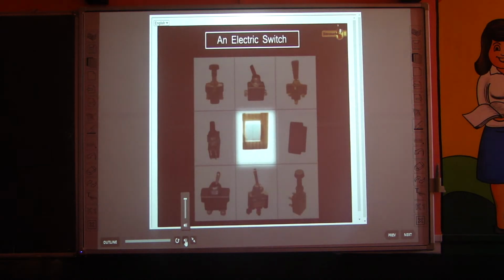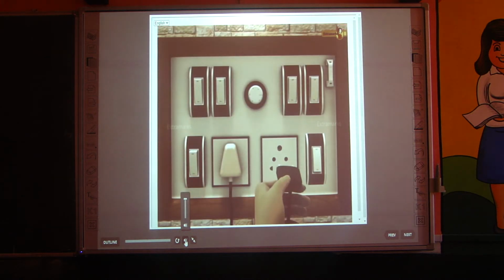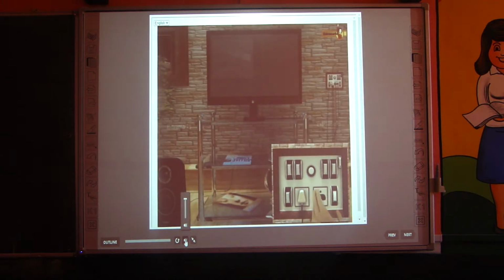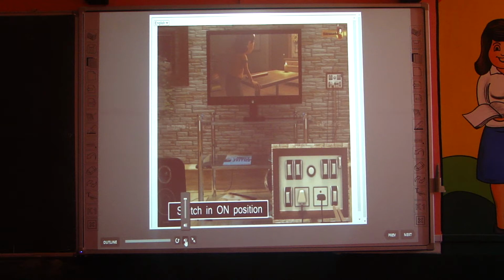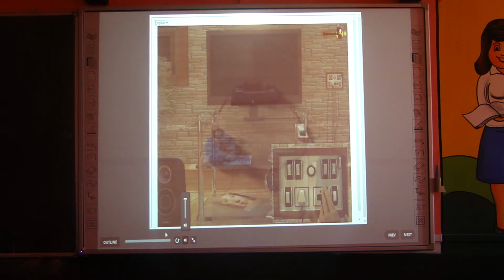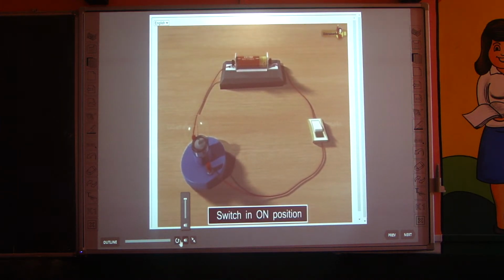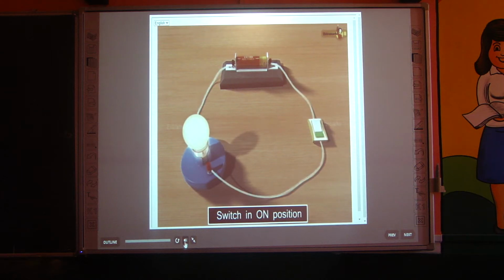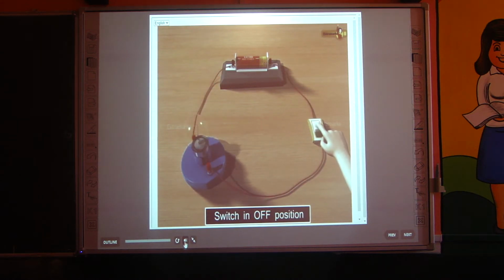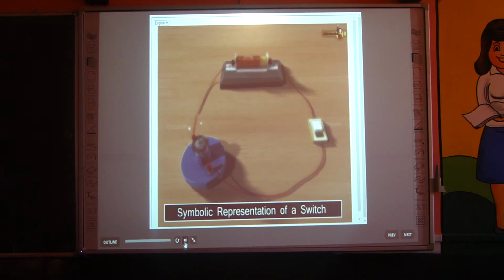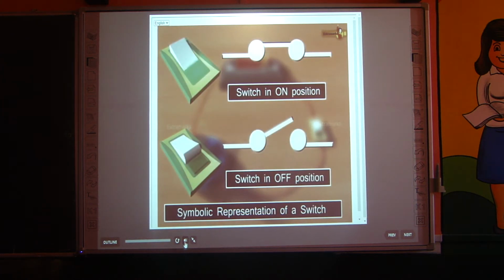An electric switch. It is a device which is used either to complete or to break the electric circuit. If the switch is in the on position, then the current flows through the circuit. Otherwise, in its off position, no current flows through the circuit. The symbolic representation of an electric switch in on and off positions is shown.